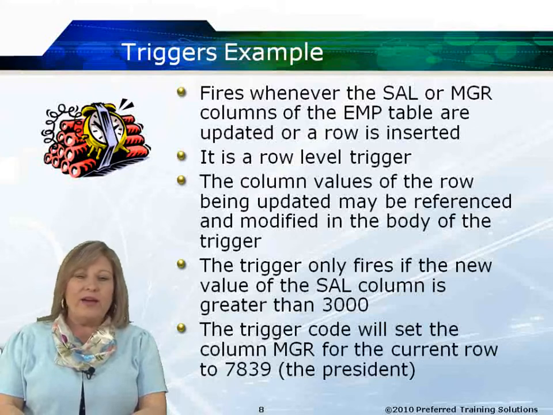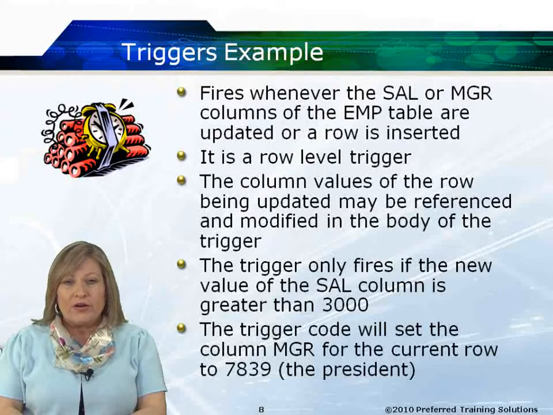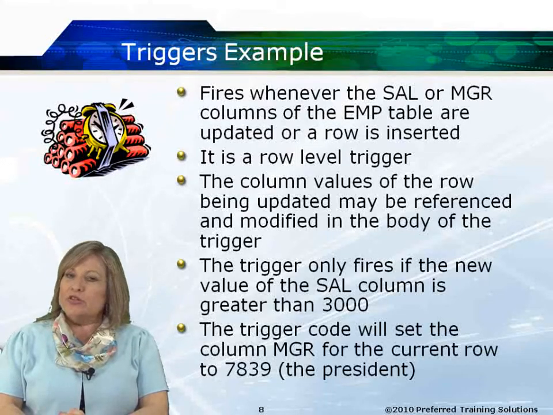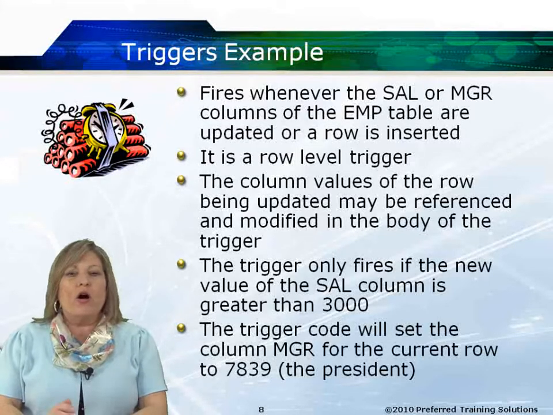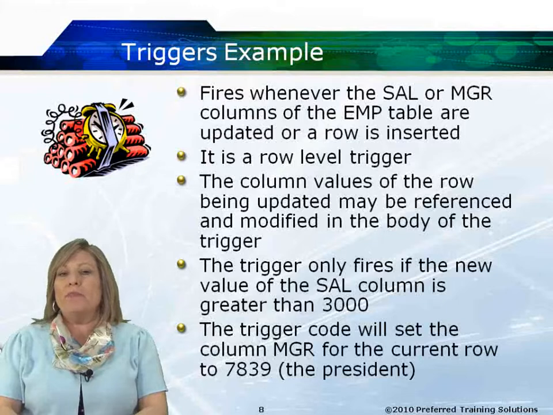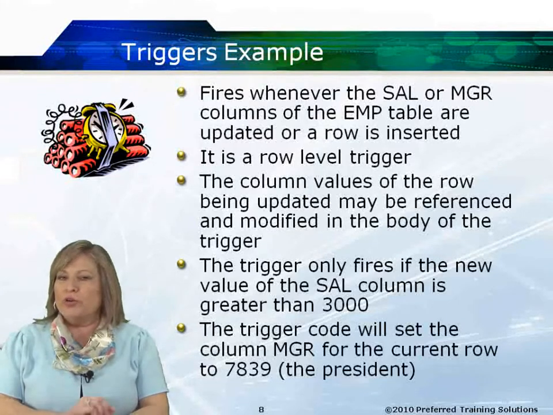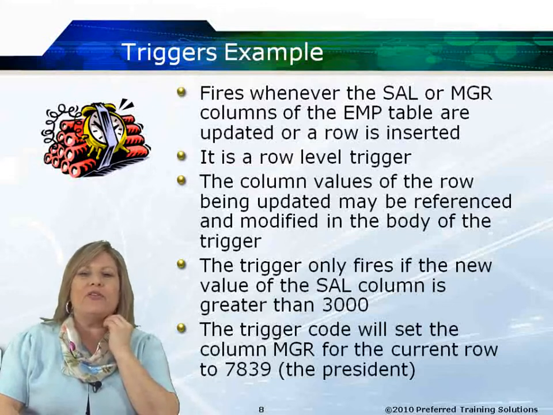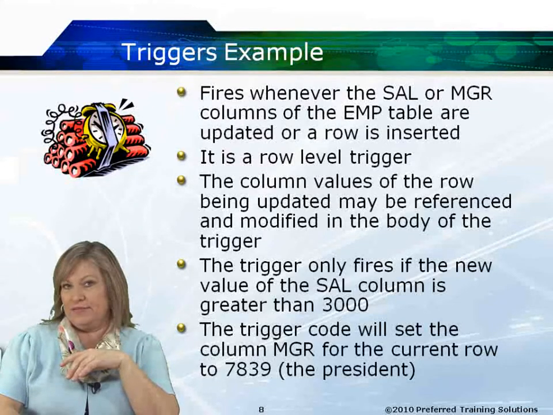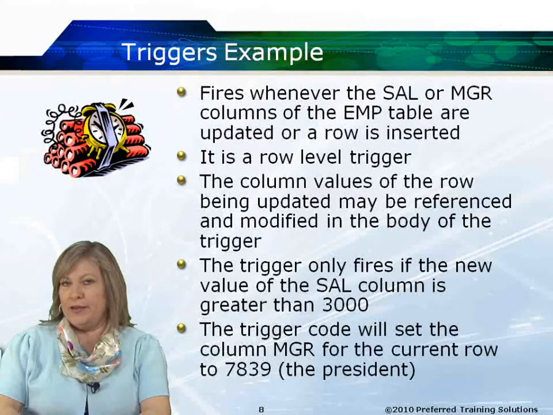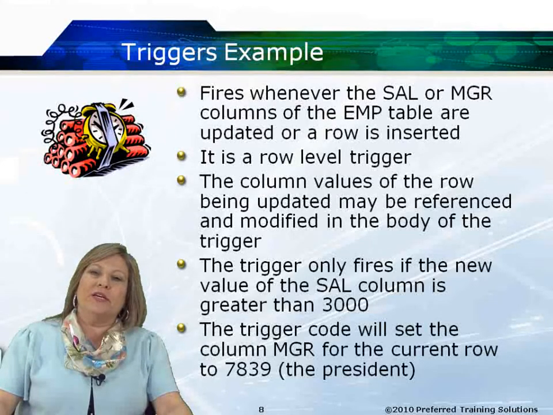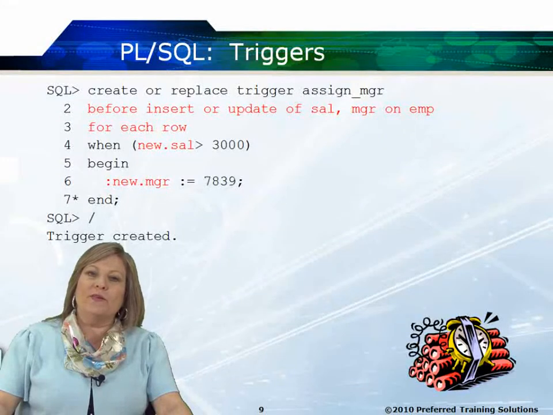It'll make sure every time I insert a new record into the table, it'll check that salary. If the salary is greater than 3,000, regardless of what I'm trying to use for the manager number, I want my trigger to intercept that and to use the number 7839 instead. Okay? So there's some of the criteria of this particular trigger. Let's take a look at what this might look like.